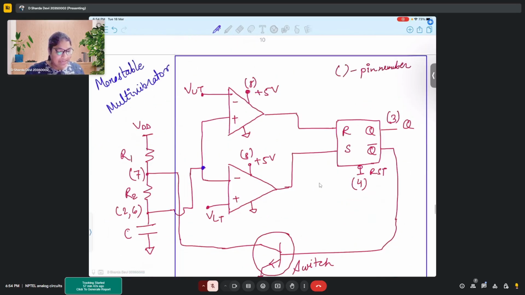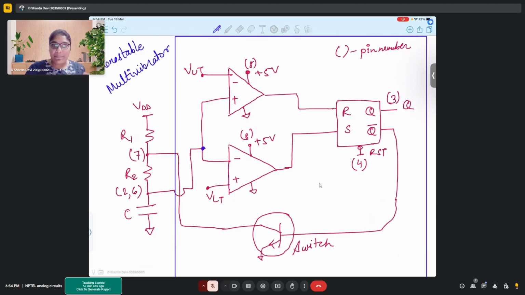So definitely you would need a position or a pin where you can introduce a trigger signal, right?